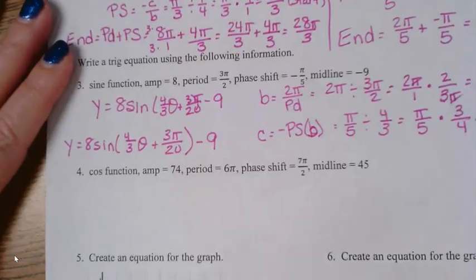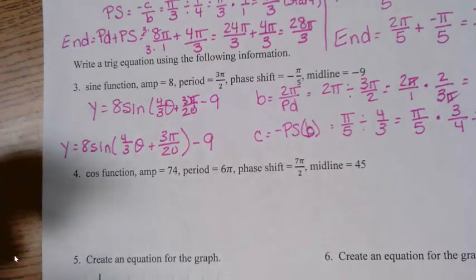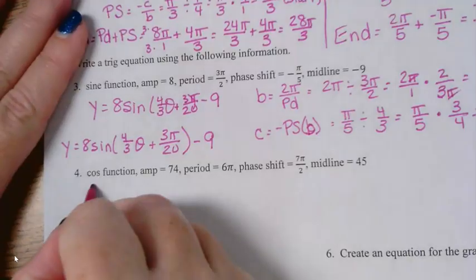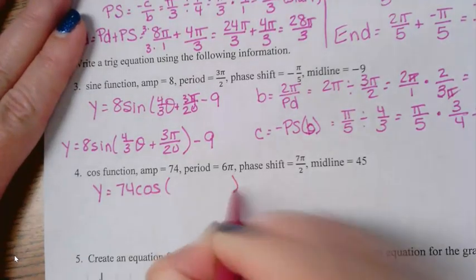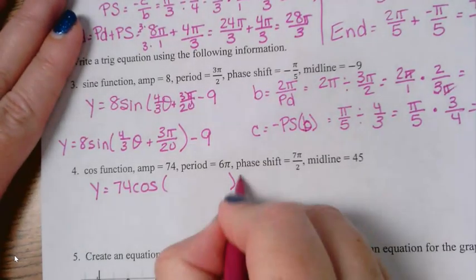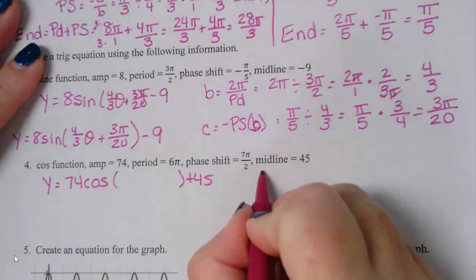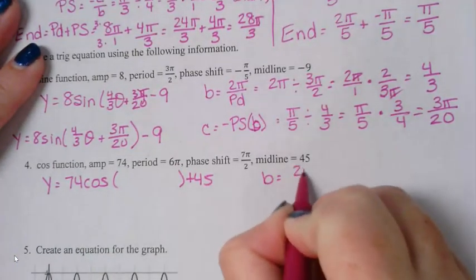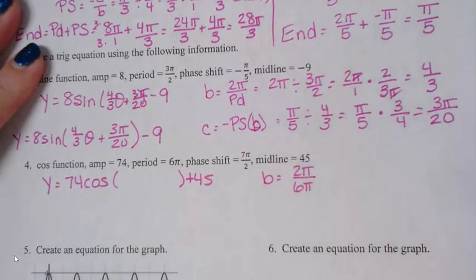Okay, nice thing about cosine, it's the exact same thing as sine, just except you use cosine. So y equals 74 cosine. I'm going to make this really big. Plus 45. So b is 2 pi. Notice my period is a lovely whole number, so we can do that.